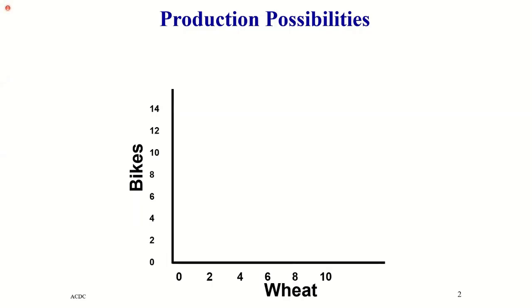Two products produced in a firm, bikes and wheat. Now let's say this firm starts off with bikes, right? Now let's say there's an abundance of labor, and this economy or this firm produces bikes only. They are not producing any wheat, zero wheat.